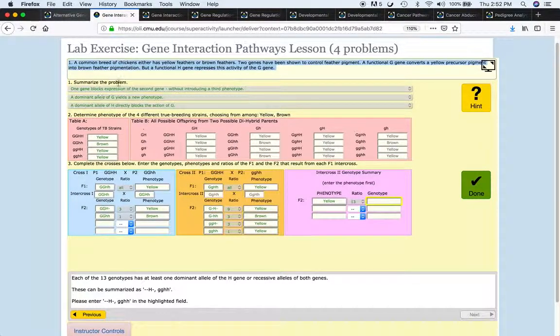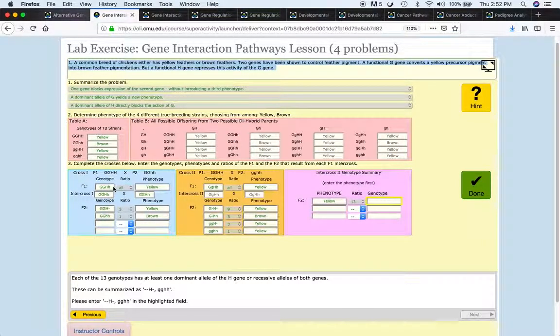So the first thing the student does is summarize the problem description. Then they determine the phenotypes for each of the true breeding genotypes described by this system. A true breeding genotype is one that is homozygous for both genes.